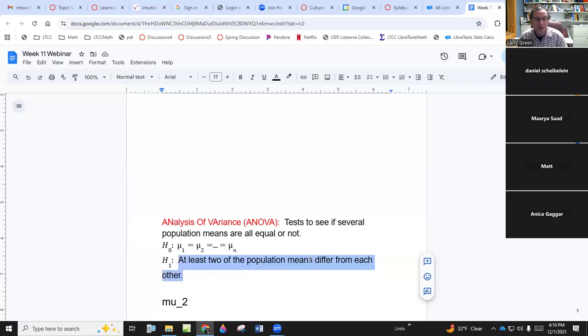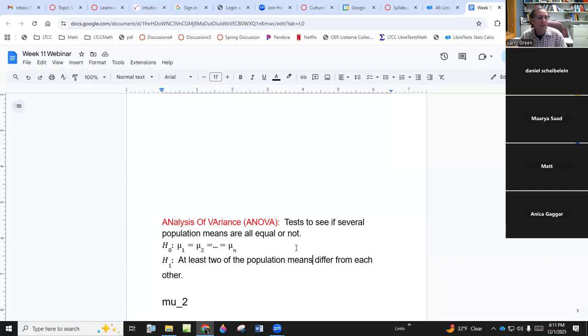And you should say what the means are. So it might be that at least two of the population mean heights differ from each other. You should definitely address what it is. So this is in general a template, and it is important that you use the template. So H naught is going to be in symbols, H1 will be in words, and you will lose points if you don't do that. Any questions on that? I'll show you examples too, of course.